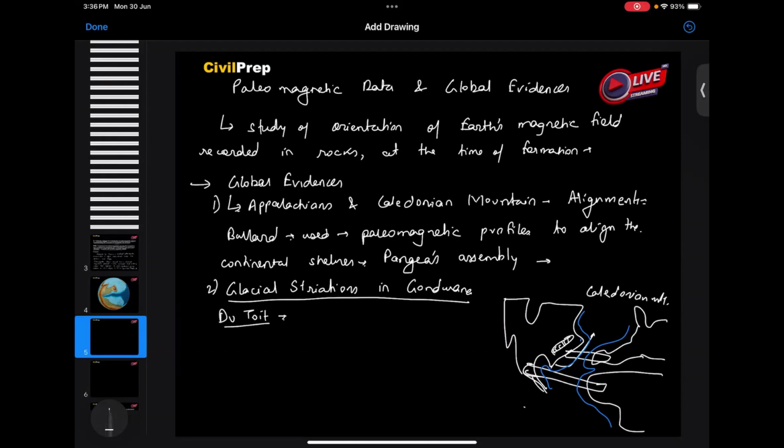So Du Toit identified South Polar glacial evidence across continents like India, South Africa, South America, and he explained that unified landmass by the continental drift.